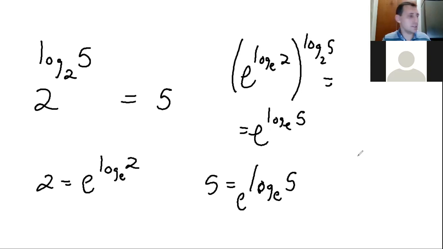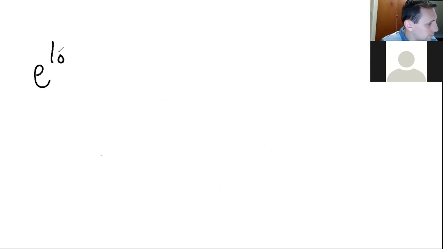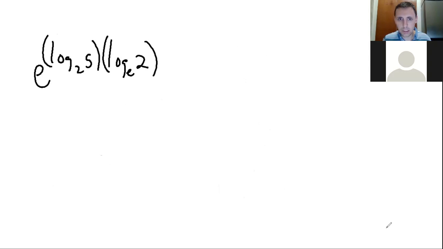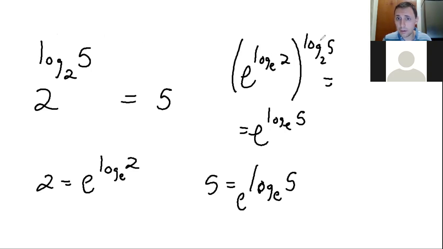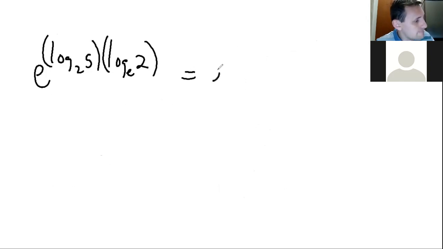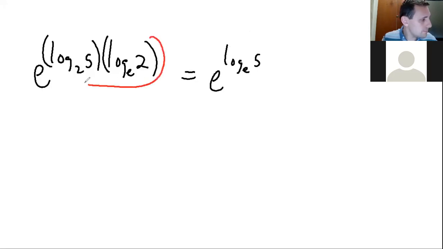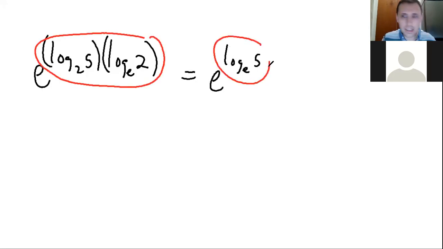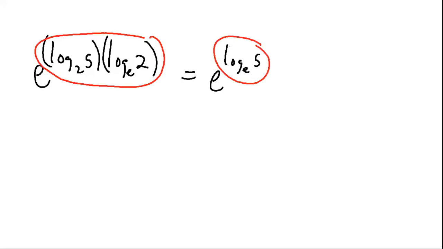I just use multiplication of powers: e to the power of log base 2 of 5 times log base e of 2 is equal to e to the log base e of 5. So the powers are the same. Good?